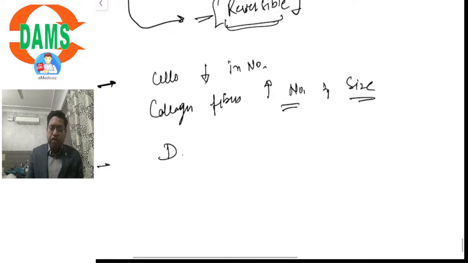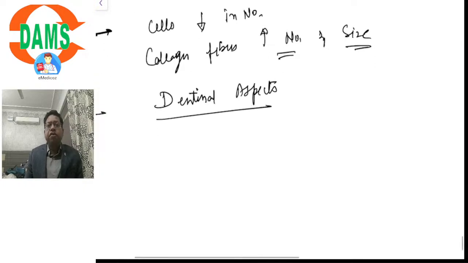Now we talk about certain dentinal aspects related to the pulp. We know that immediately above the pulp is the dentine. Dentine is also a very dynamic tissue that has a basic function of protecting the pulp from all sorts of insults.